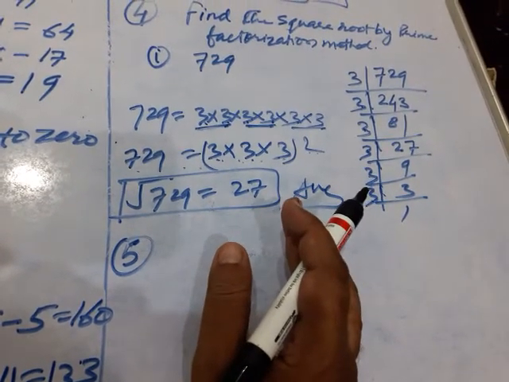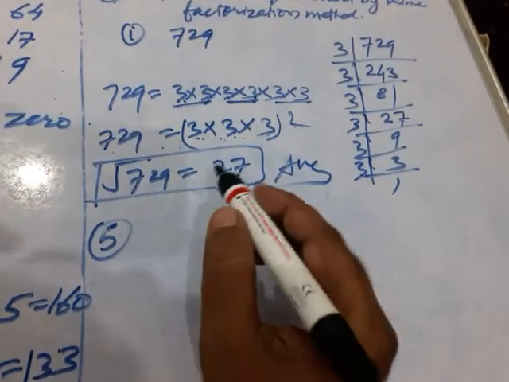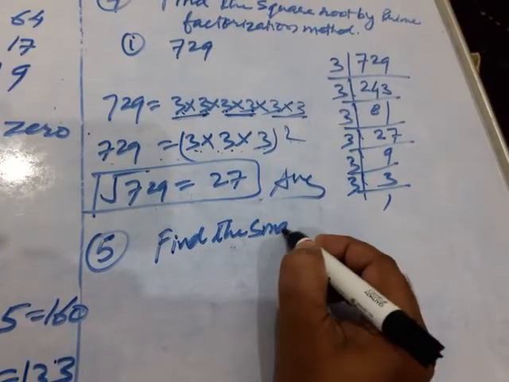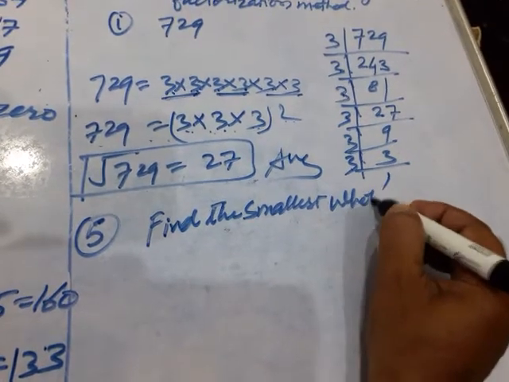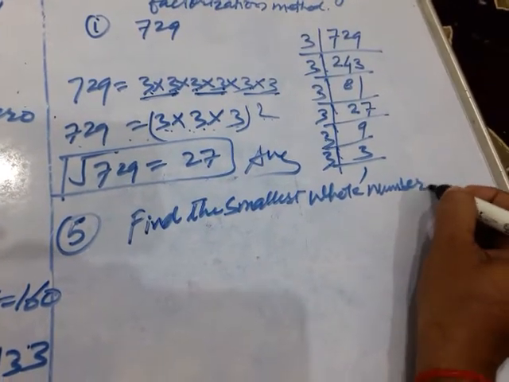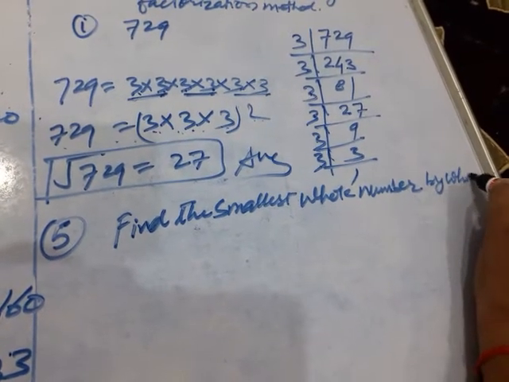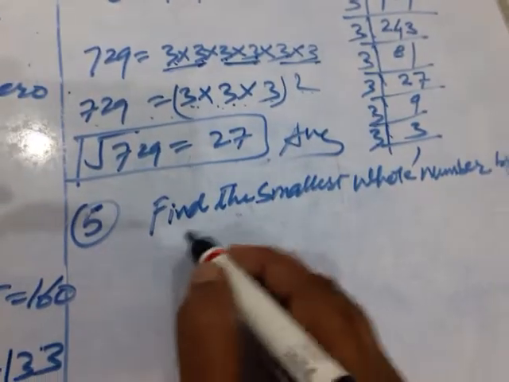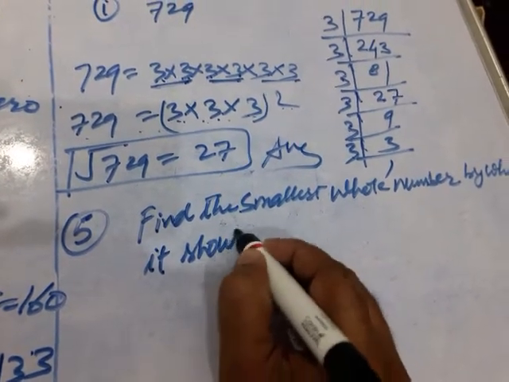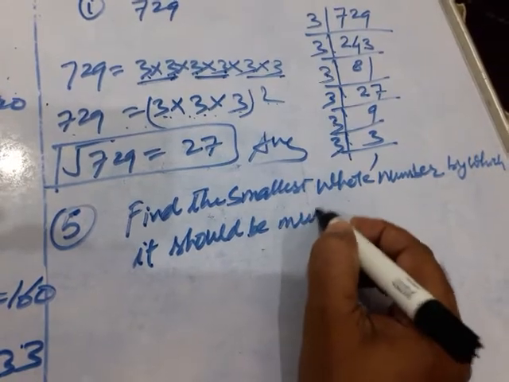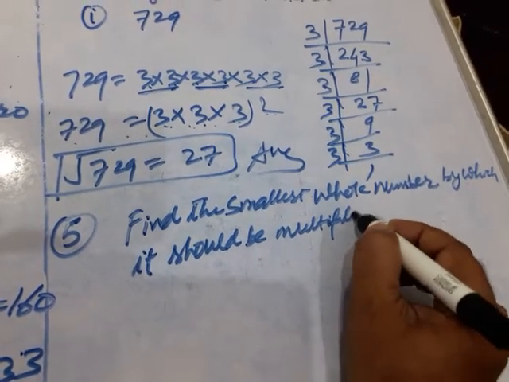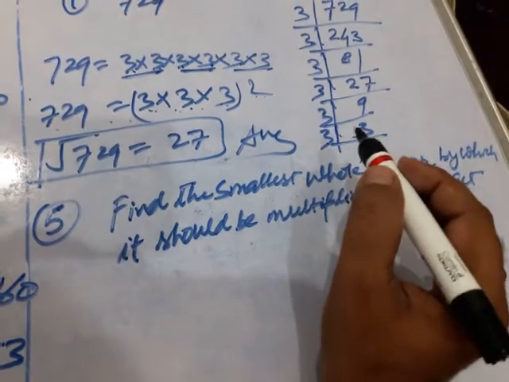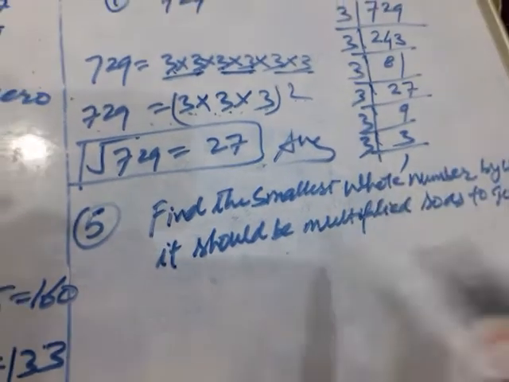Find the smallest whole number by which it should be multiplied so as to get a perfect square number.